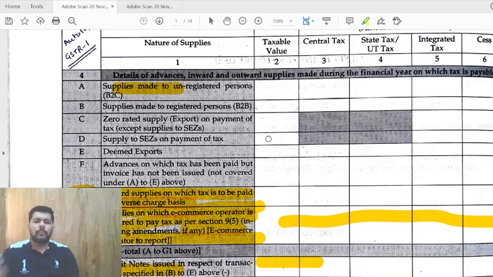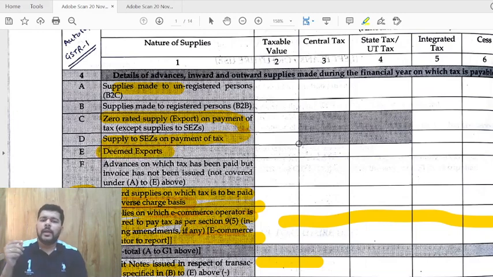Now friends, one very important aspect which I would want to highlight is zero rated supplies with payment of tax, supplies to SEZ with payment of tax, and the deemed export which are made with payment of tax, means under the Form A transaction. This data is also required to be reported very correctly. Why?